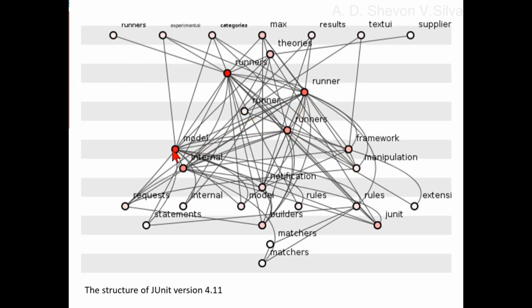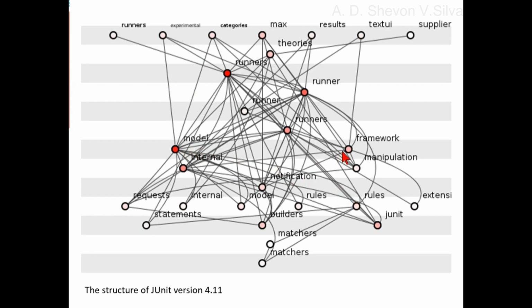Here model interacts with runners, runner, runners, theories, categories, experimental, requests, statements, internal, model, and rules.